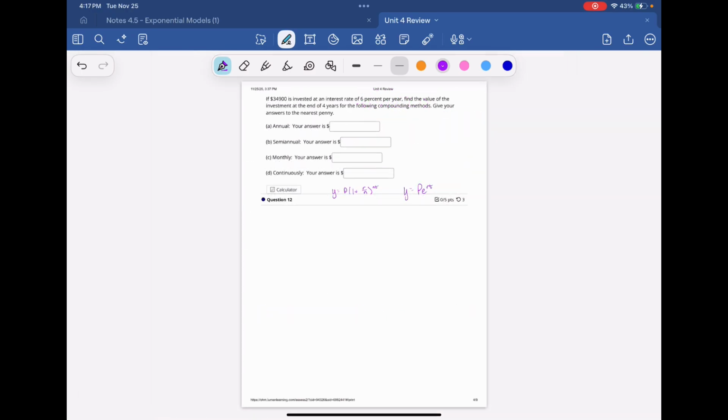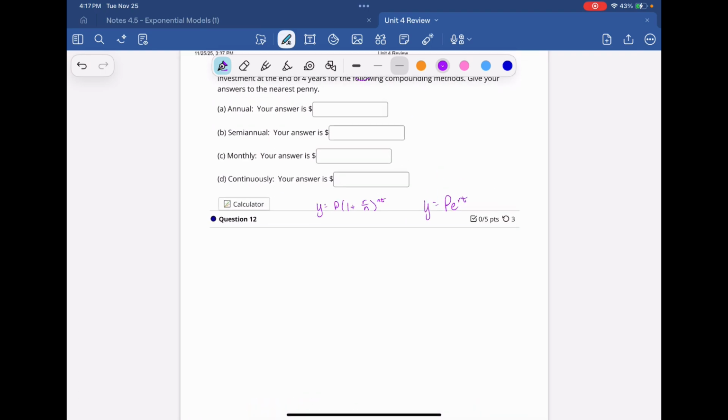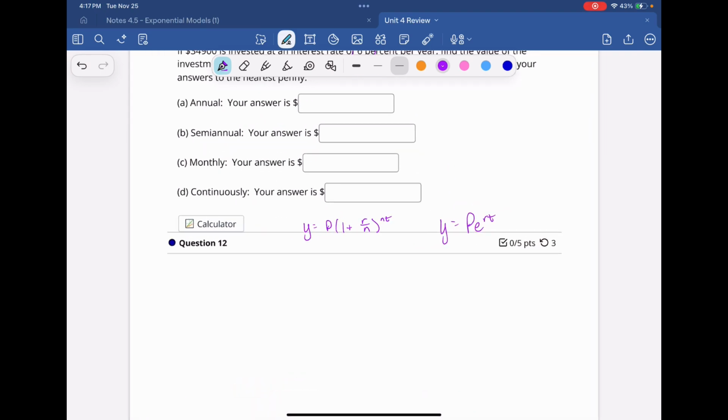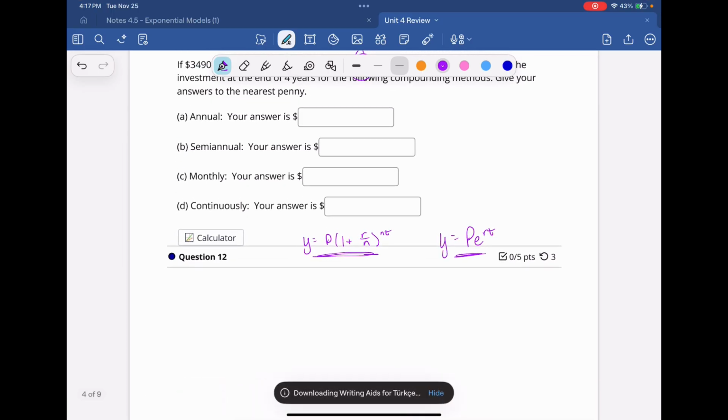All right, this question wants you to use the interest rate that's given, so 6%. Find the value of investment after 4 years for each of the following compounded methods. Use your answer to the nearest penny. So this is compounded, like quarterly, annually, semi-annually, whatever, and this one's continuously. So for annual, your n is 1.